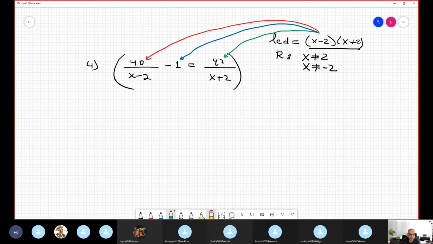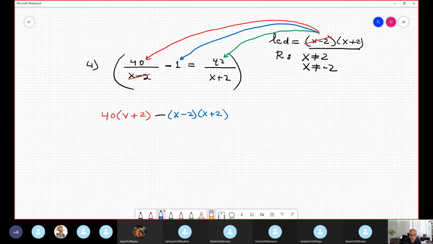When you multiply the first one, it's obvious that x minus 2 is cancelled out. And stay alive 40, parentheses, x plus 2. Minus. This minus is that minus. Bueno, entonces 1 times this something is something. Entonces es x minus 2 times x plus 2, no?